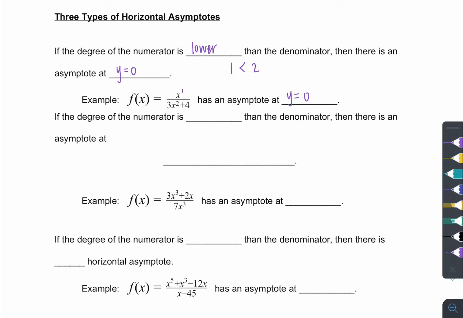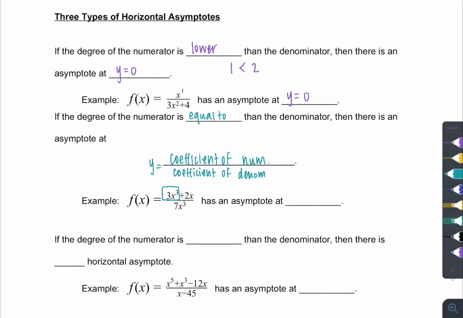The second type is if the degree of the numerator is equal to the denominator, then there's going to be an asymptote at the coefficient of the numerator over the coefficient of the denominator, and that's a y equals equation.